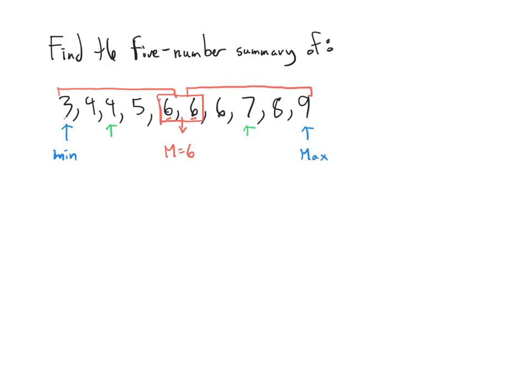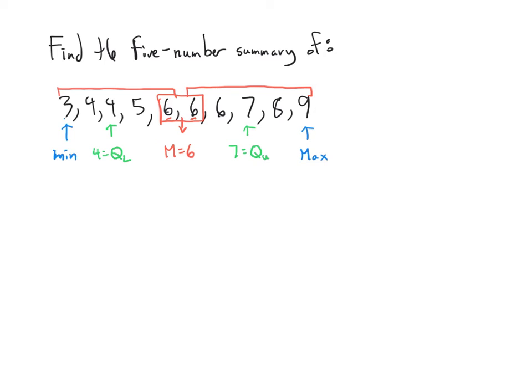In each of these, there's 5 data points: 1, 2, 3, 4, 5, and it's pretty easy to see that we need the third data point in each set. So the lower one is going to be our lower quartile, and the upper one is going to be our upper quartile.